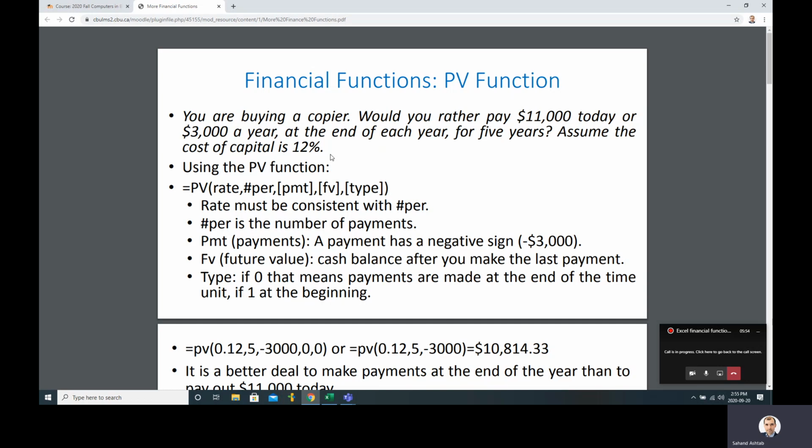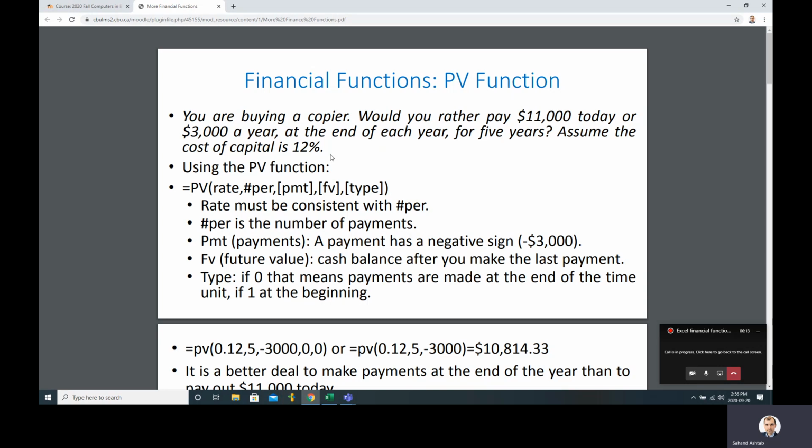It's as if someone is asking you, would you like to pay $11,000 today to buy this copier, or would you like to pay $10,000 today to buy the same copier? Obviously, we are going to select the second option, which is to pay $10,000 today to buy the same copier.